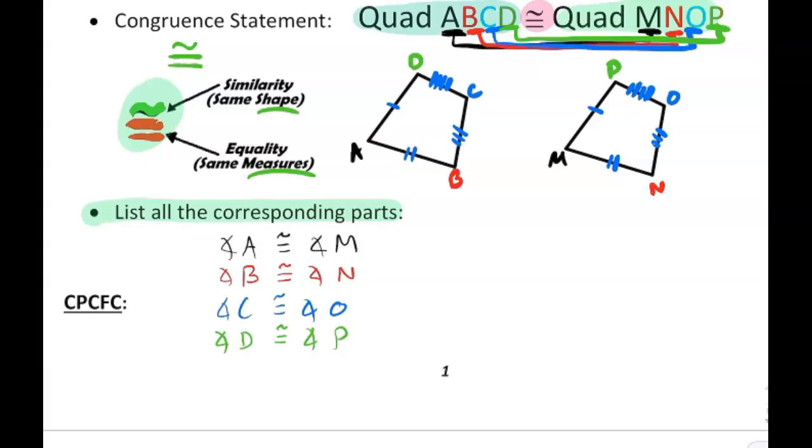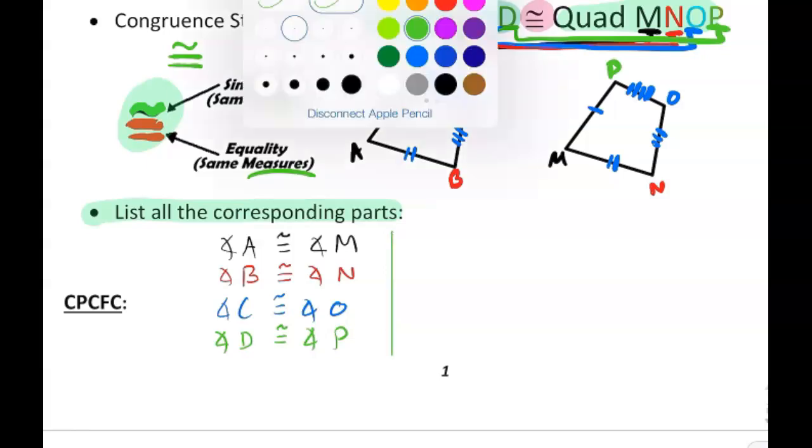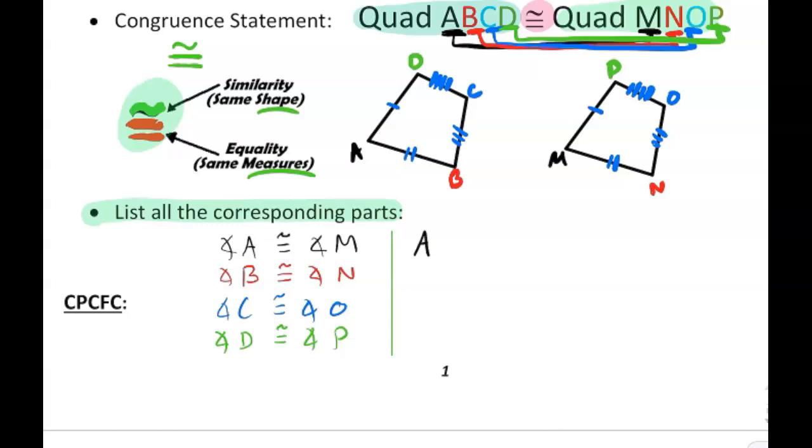So there's 4 corresponding sets as far as angles, but then I also have 4 corresponding sides. So that looks like this. AB is congruent to MN, and we make a little segment notation over each one. Segment AB is congruent to segment MN. So what does that really mean?